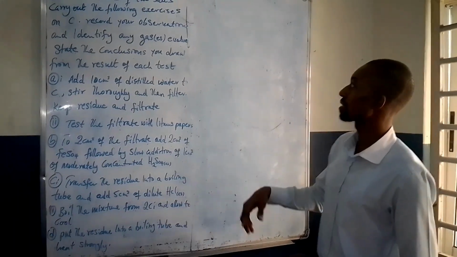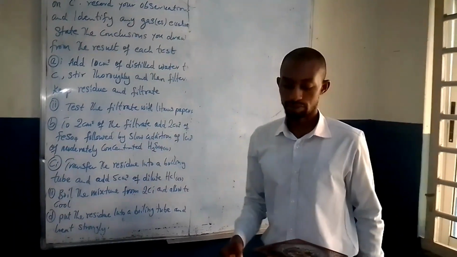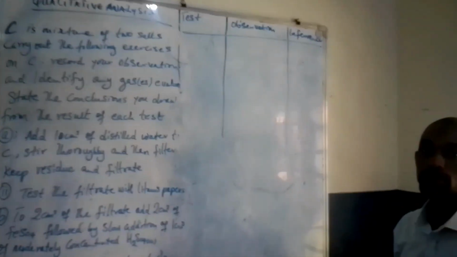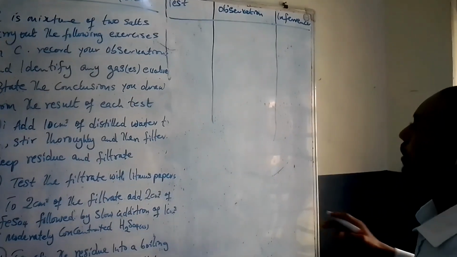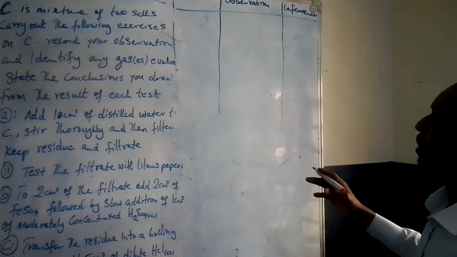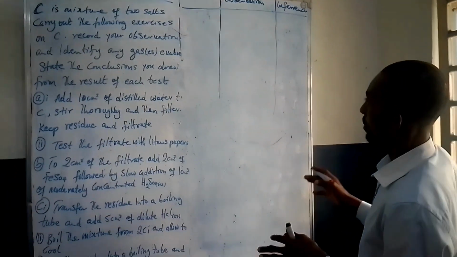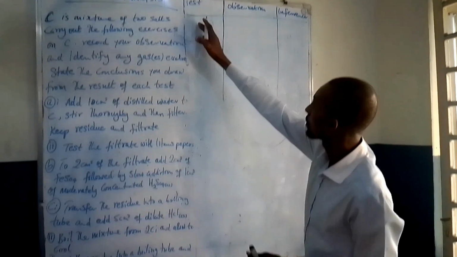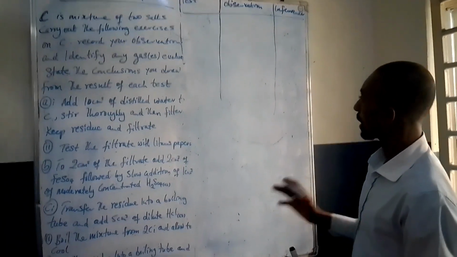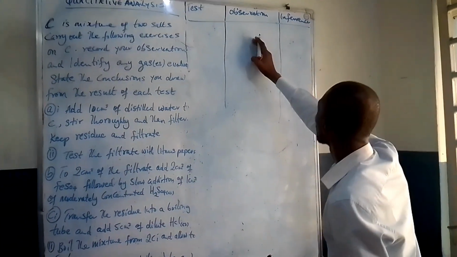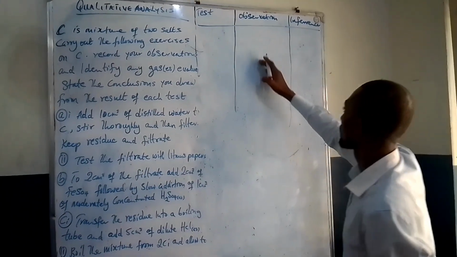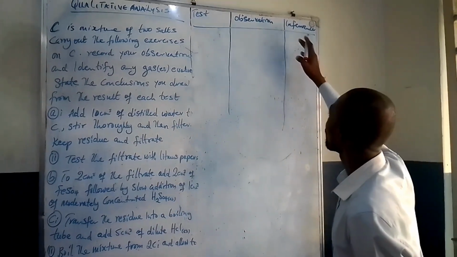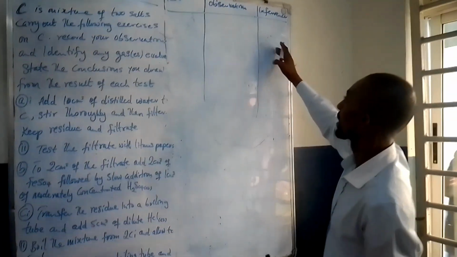Let us start the analysis and record our results. Before we perform any test, we have to record the test first. Then, after the test, we record the observation and the inference. One thing you must note here is that the inference carries more marks than any other aspect.